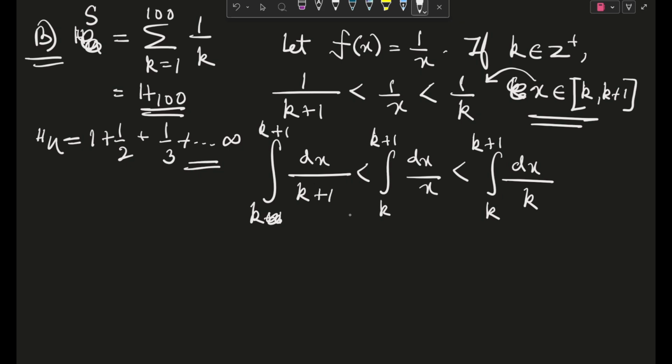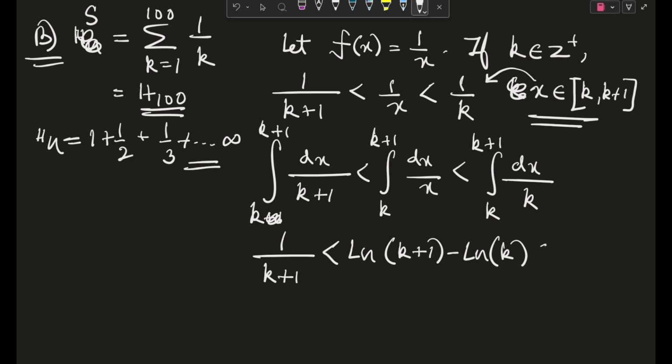Okay, so actually what you would receive is 1 by k plus 1, because k plus 1 minus k would come and that is 1, would be less than ln of k plus 1, because dx by x is ln x, minus ln k, and this thing would be again less than 1 by k. Okay.